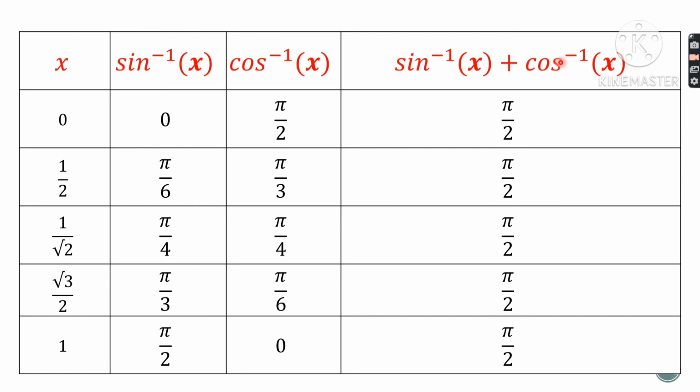That is true for any real value of x. Then a third table can be made for sec inverse x plus cosec inverse x. In that case, you'll have to exclude points between -1 and 1. All other values of x you can consider. So you'll observe that always the sum is pi by 2.